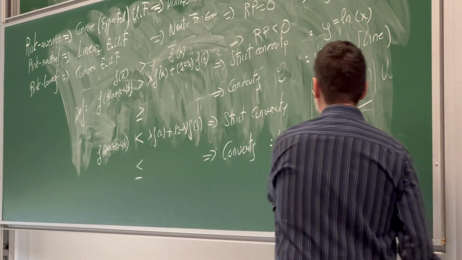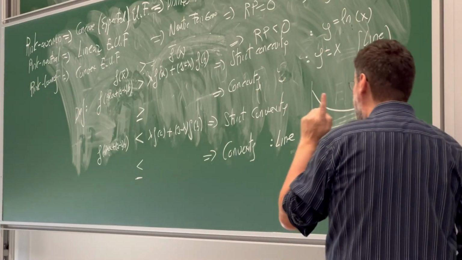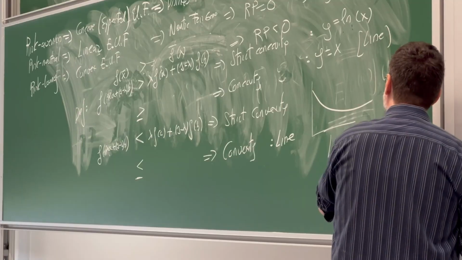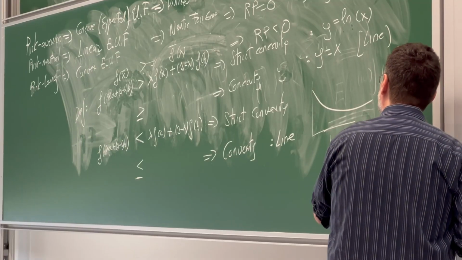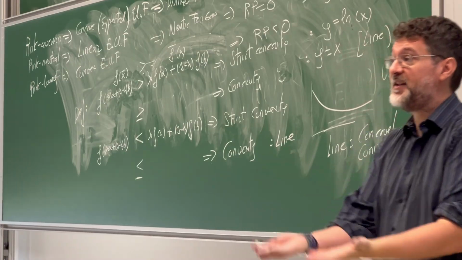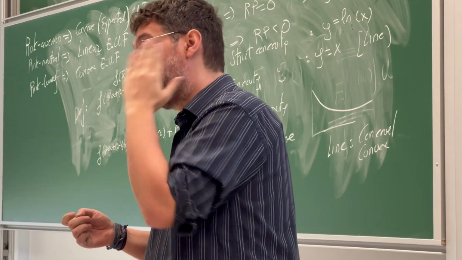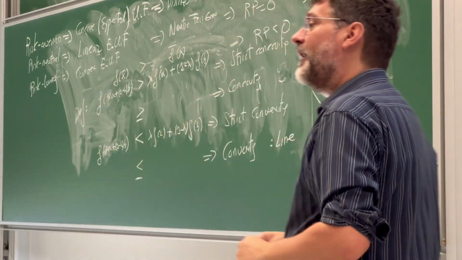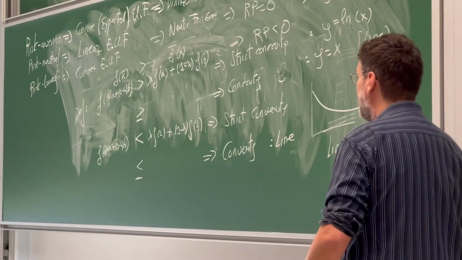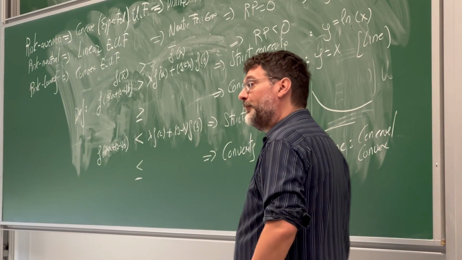A line, according to the mathematical definition, is both concave and convex, both at the same time, because we are characterizing properties and both properties are matched. So a line is both convex and concave, but it's not strictly concave nor strictly convex.